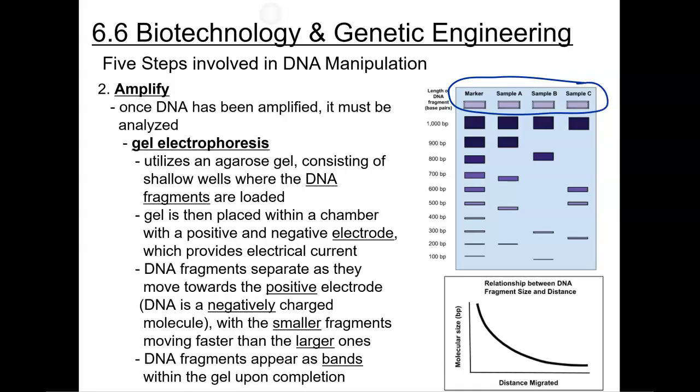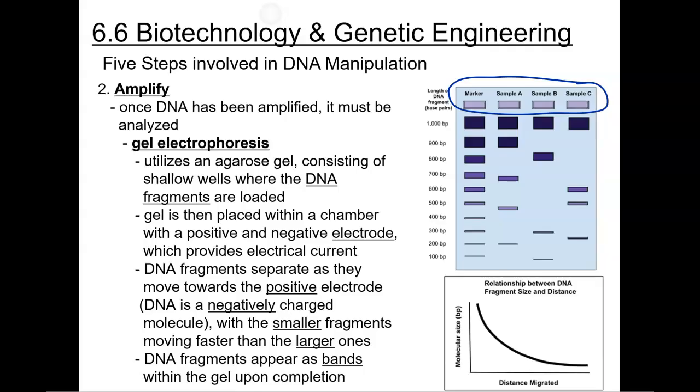So we have this up here, and it's going to be put in there with a dye or with something that can be picked up, let's say, even by a black light sometimes. So it gets put into each one of these sample wells. You apply the electricity from the electrodes, and they're going to separate and move towards the positive electrode, because DNA is going to be negatively charged, and so it goes towards its opposite.